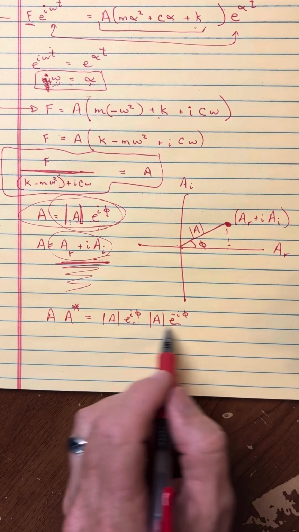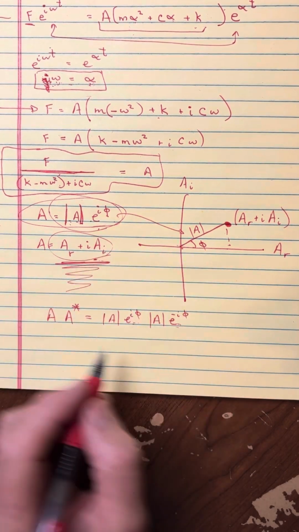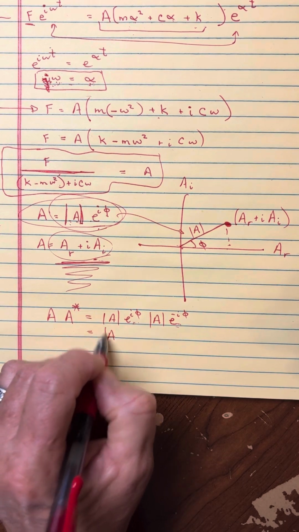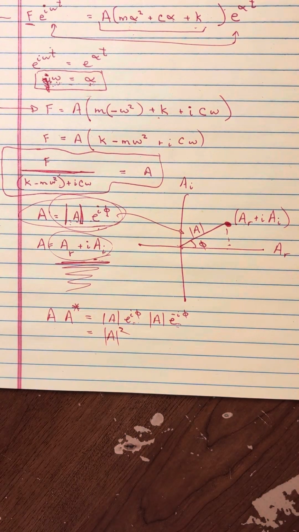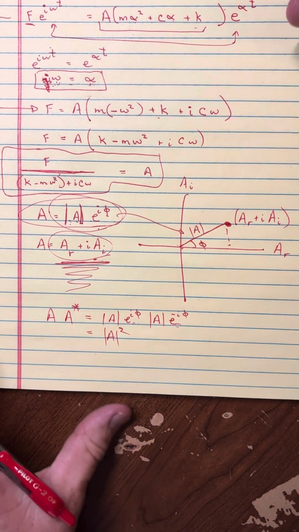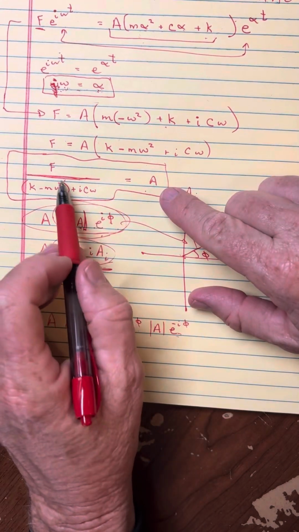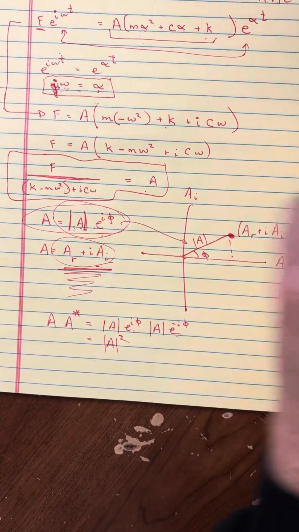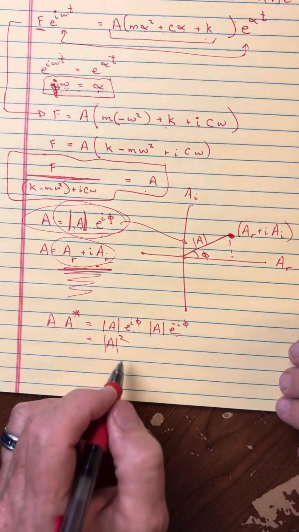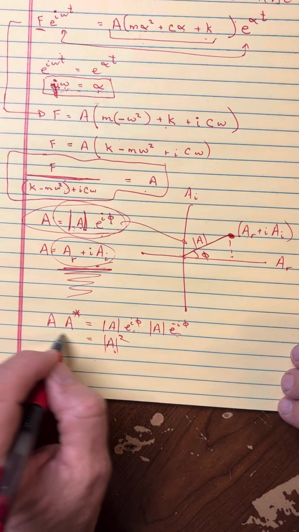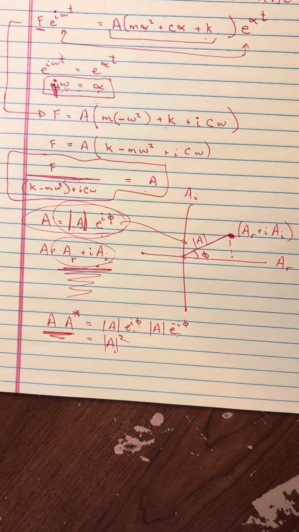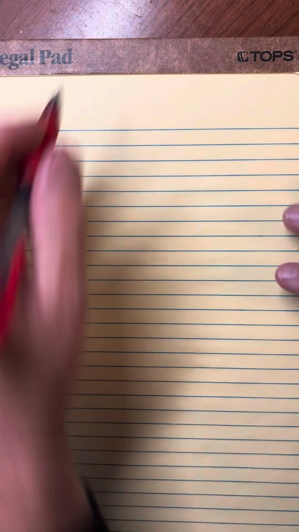And the two exponentials, when we write it in the polar form, cancel off, and you get magnitude squared. And that's what I'm going to take advantage of, I'll call it complex analysis here, because here I have a complex number, and the question is, what is the amplitude? What is the magnitude of it? So I really want the magnitude, and I can get that by doing this step. All right, so that's going to be my next little goal here.